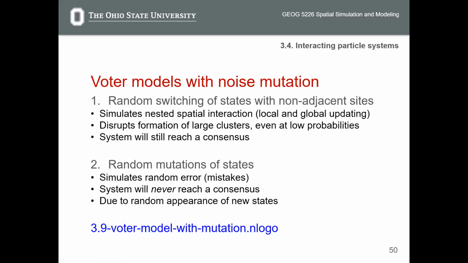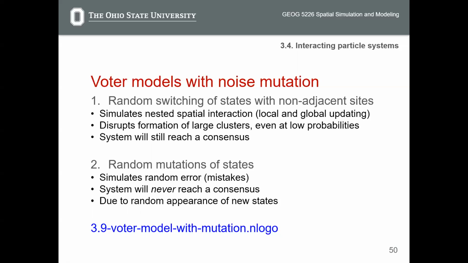Of course, if they are in the same state, switching is meaningless, but you can do this to add some more randomness into your simulation. It simulates nested spatial interaction and disrupts formation of large clusters even at low probabilities.